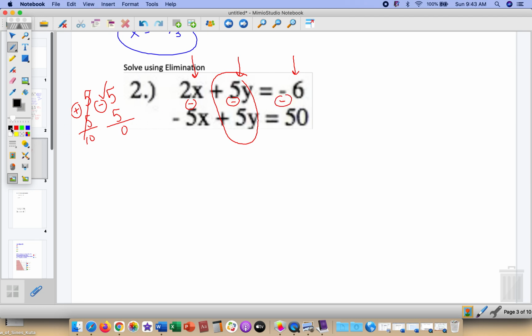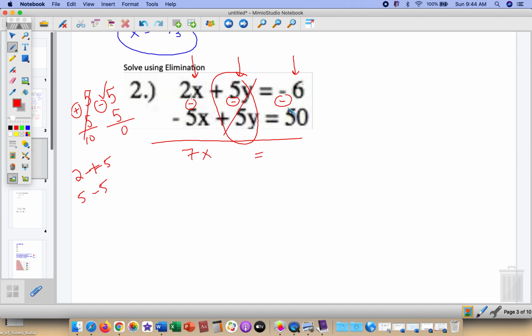So then in the bottom row, let's write the top row. 2x plus, okay, so 2 minus negative 5, be careful, 2 minus negative 5 is really 2 plus 5, so we'd have 7x. 5 minus the bottom 5 is 0, so that's why our y's cancel.